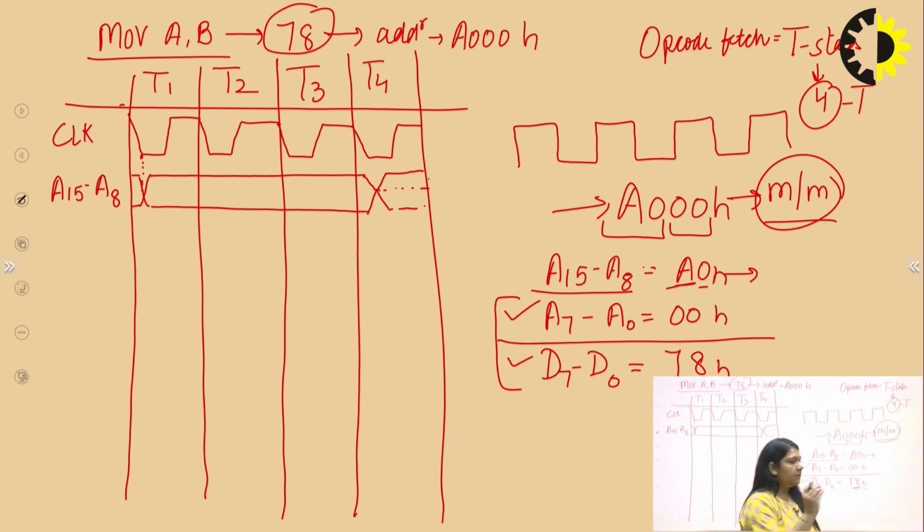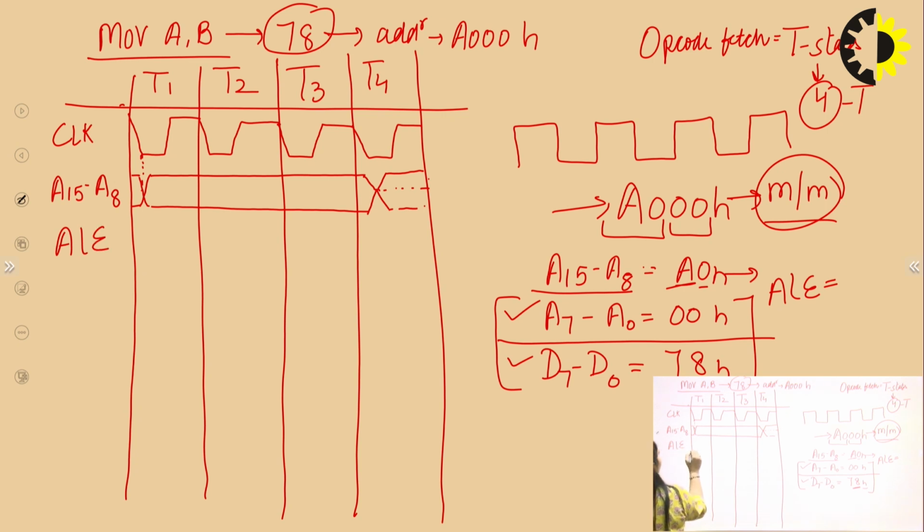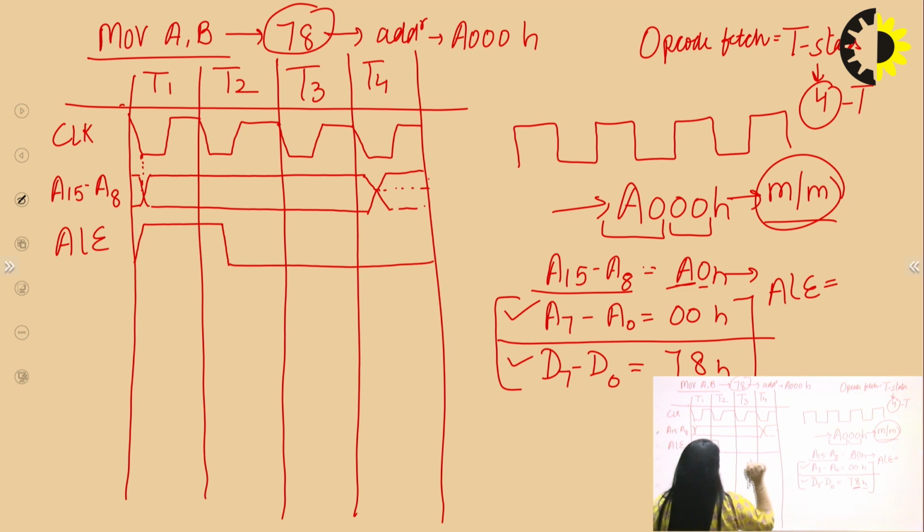To select one out of these two, I need one signal, ALE. ALE should be 1 for address and ALE should be 0 for data. For address, I will select ALE as a positive pulse, and after that it is negative.